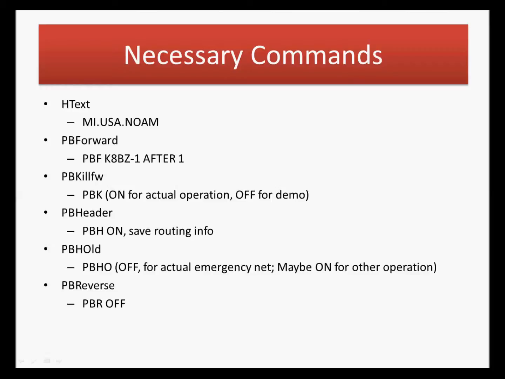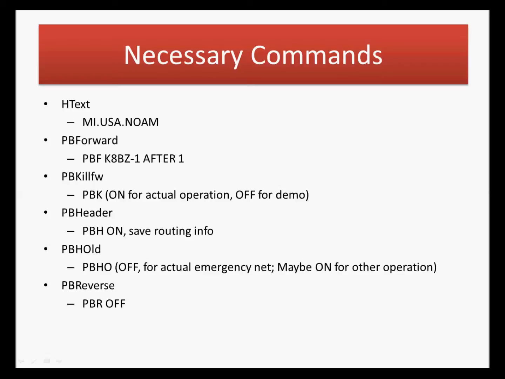The next is the PB reverse, or PB reverse forward. If forwarding is enabled in a bulletin board, after the eligible messages are forwarded, if the PB reverse command is on, then that bulletin board will look for any messages addressed to the bulletin board and reverse forward them back to the bulletin board.